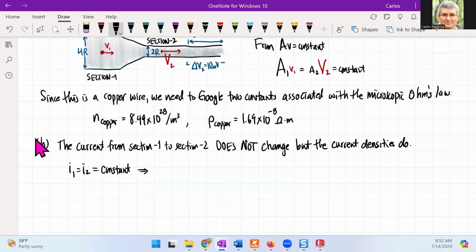But then that tells us that we can also write the current density as the current divided by the area, which then gives us this relationship that says that the current density in area 1 times the area 1 equals the current density in area 2 times the area 2, this also has to remain a constant. But we know the areas.